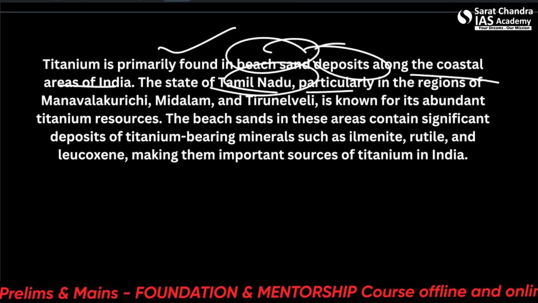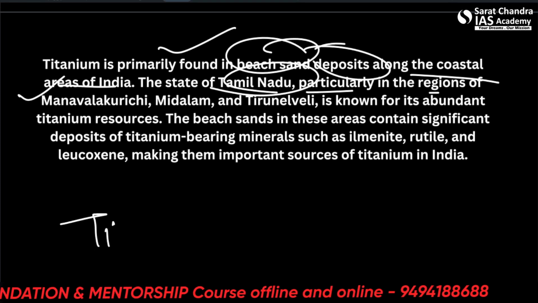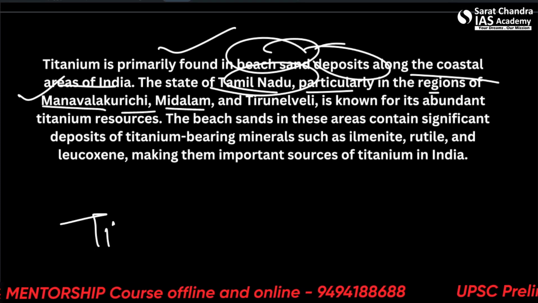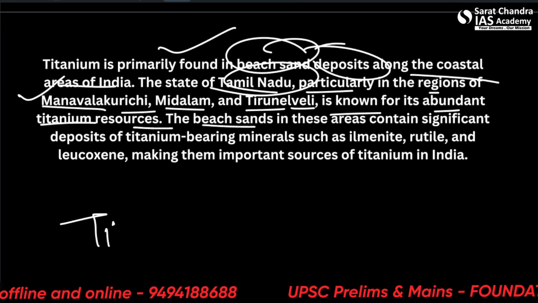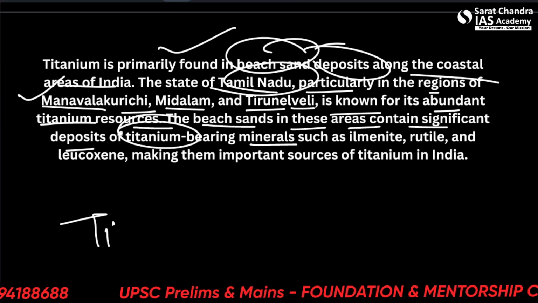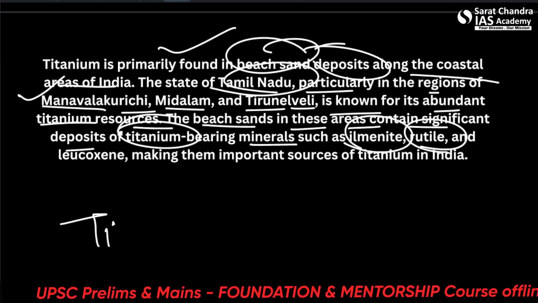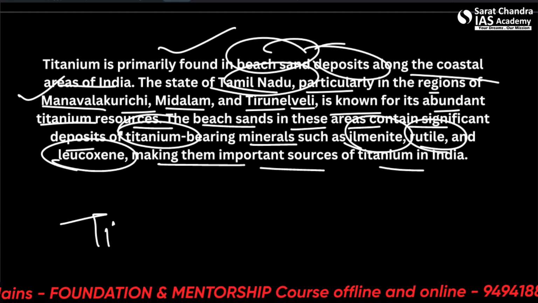The state of Tamil Nadu particularly has titanium-rich areas, with Manavalakurichi, Chavara and Tirunelveli located for their abundant titanium resources. The beach sands in these areas contain significant deposits of titanium-bearing minerals such as ilmenite, rutile, and leucoxene, making them important sources of titanium in India.